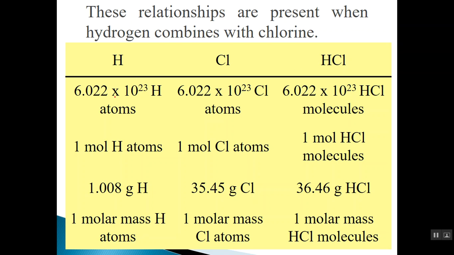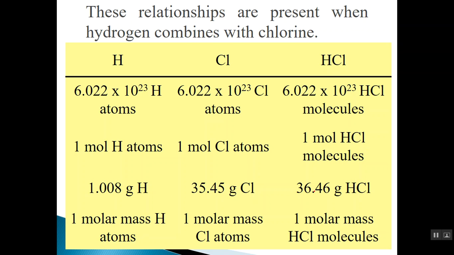So if you expand that to Avogadro's number of atoms, you see the numbers here, atoms and molecules for hydrogen, chlorine, and hydrogen chloride respectively. And then that, of course, would be related to the mole, because Avogadro's number represents the number of atoms in 1 mole. So we can see clearly a mole relationship between the different substances.